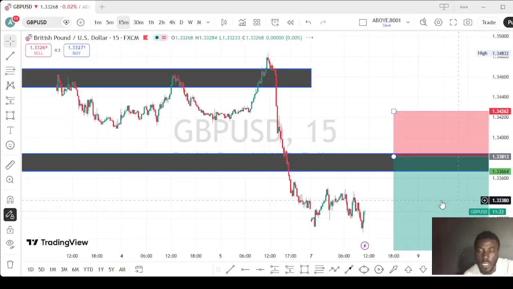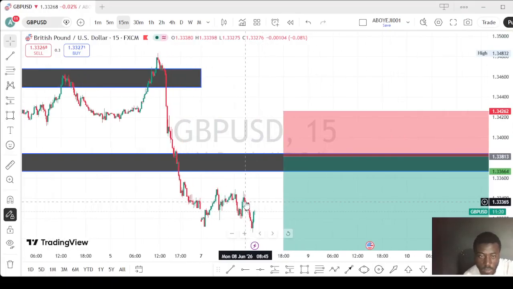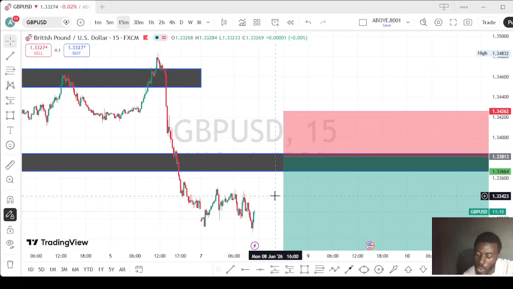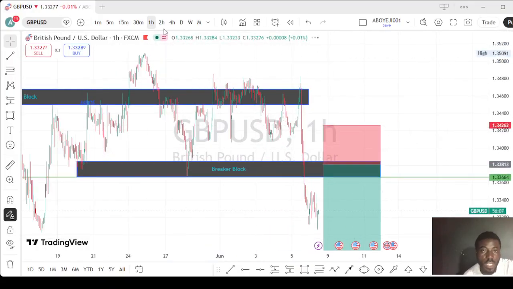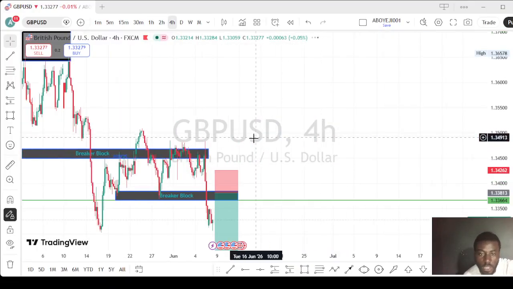Let's see the 15-minute time frame. This is the 15-minute time frame, and what the 15-minute time frame is giving us is a type of uptrend. So we are not taking this trade. All we have now is to wait for the 4 hour time frame to see what the market is doing. On the 4 hour time frame, there is no FVG here.